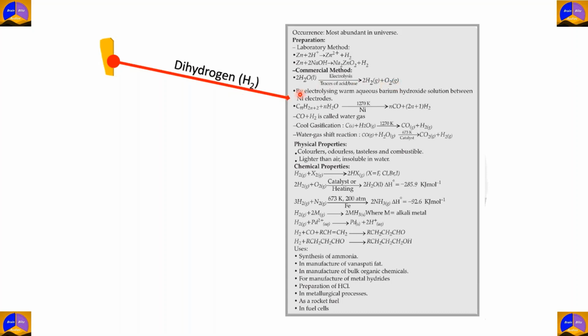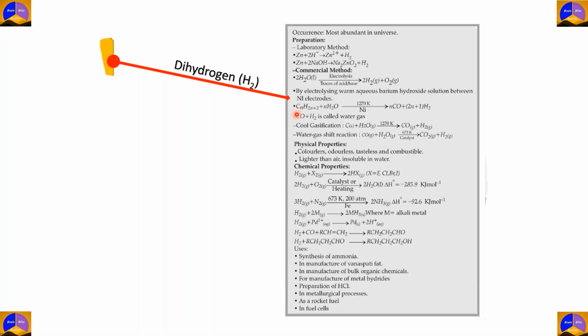Now the second method of commercially producing hydrogen gas is by electrolyzing warm aqueous barium hydroxide, which is Ba(OH)2. So we electrolyze a warm solution of Ba(OH)2 between nickel electrodes to get dihydrogen.